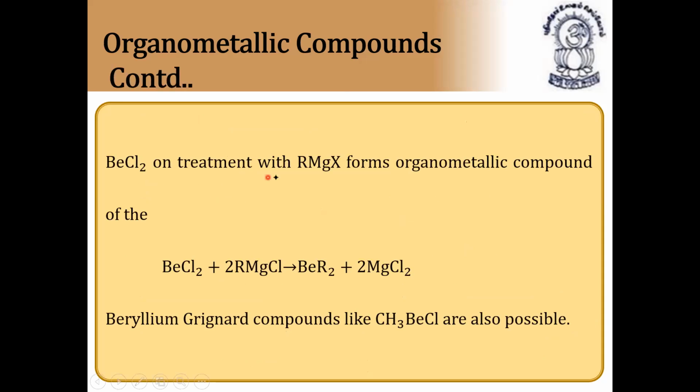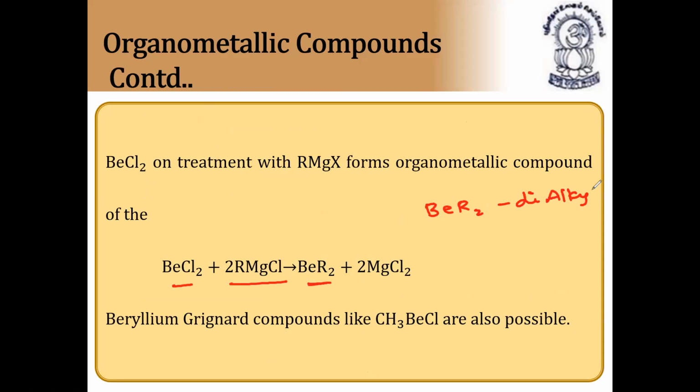Beryllium chloride on treatment with alkyl magnesium halide forms an organometallic compound. BeCl2 plus 2RMgCl gives BeR2 plus 2MgCl2. So beryllium chloride combines with Grignard's reagent and forms BeR2, that is dialkyl beryllium.